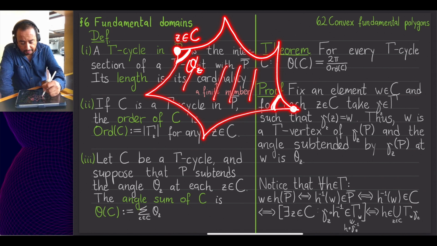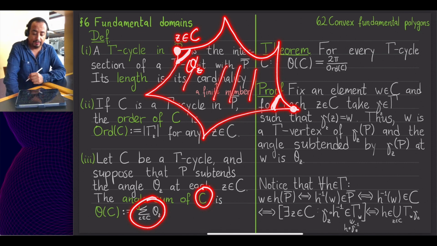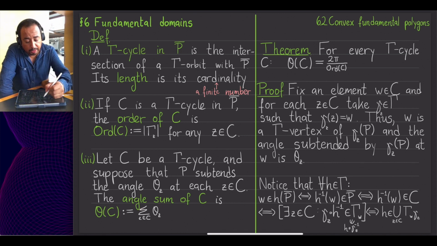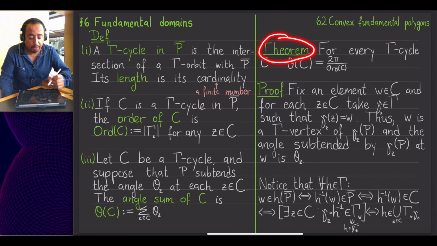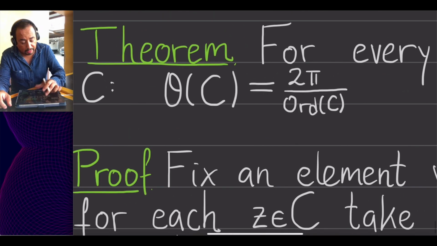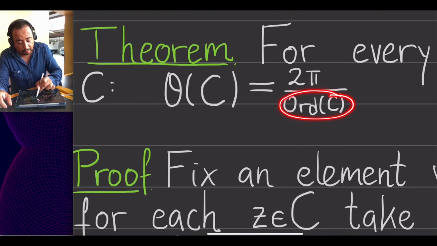So there may be several angles. And then the angle sum of C is the sum of all such angles for elements of C. Okay, and now the theorem, an important theorem, says that for every gamma cycle, the product of the order with the angle sum is 2 pi.